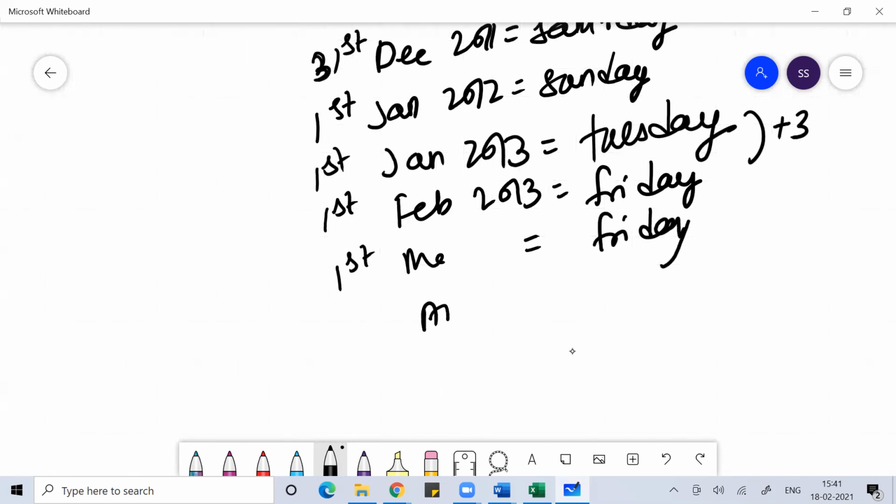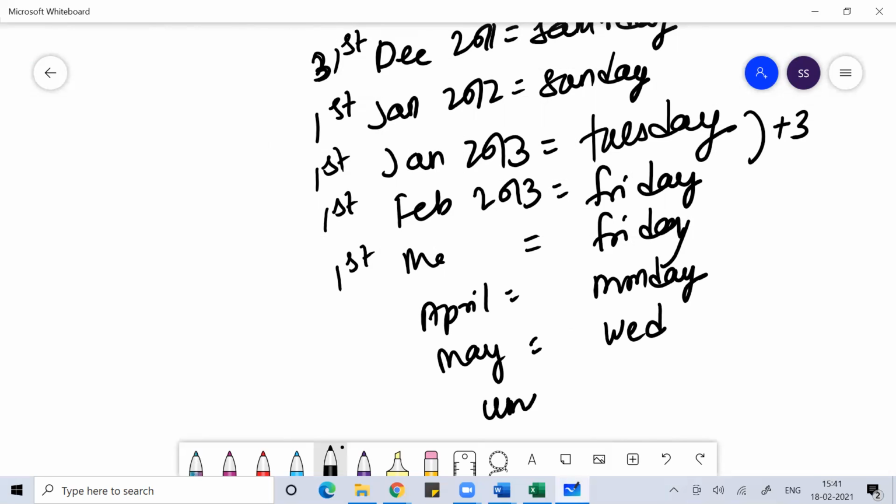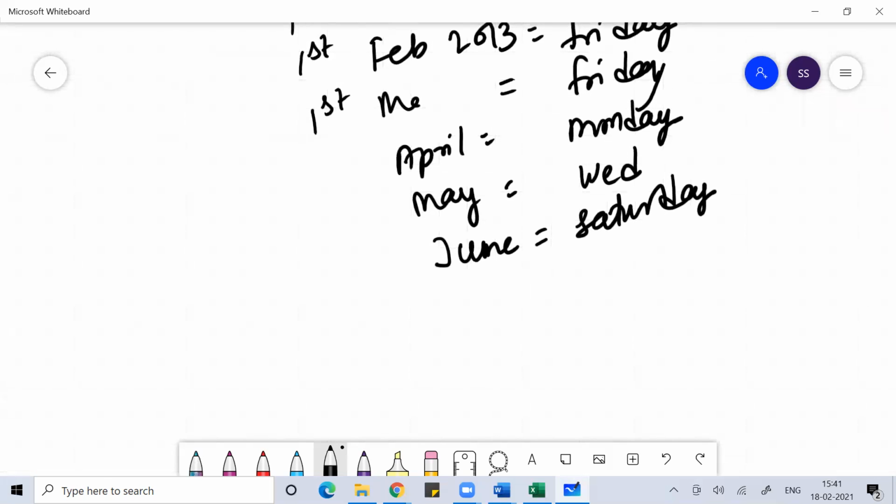Then 1st April, plus 3: Friday, Saturday, Sunday, Monday. So 1st April is Monday. 1st May, plus 2, would be Wednesday. Then 1st June, plus 3, means Saturday.